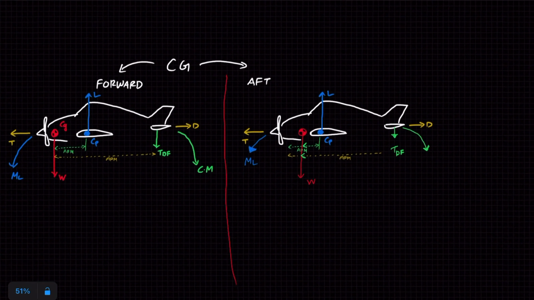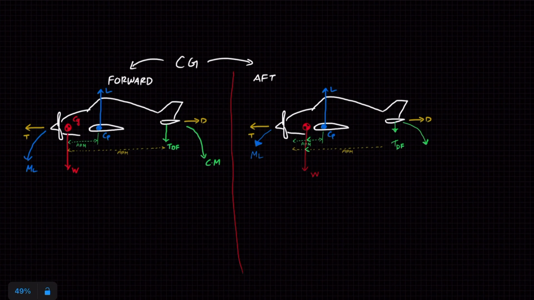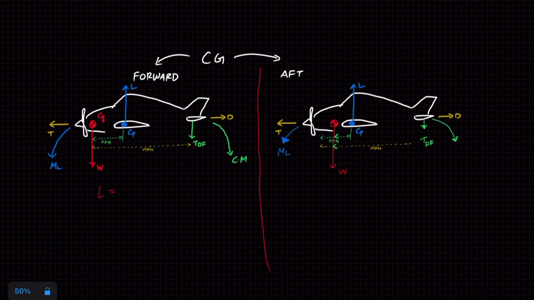As we saw earlier, lift must be equal not only to weight, but also to tail-down force. So let's call weight and tail-down force together the effective weight. Because of higher tail-down force, the effective weight of the airplane with forward CG is much higher, so the plane has to create extra lift to carry that effective weight.